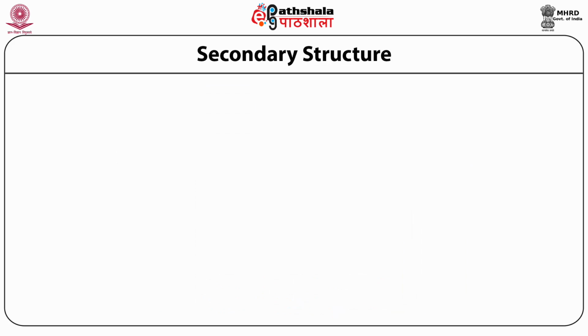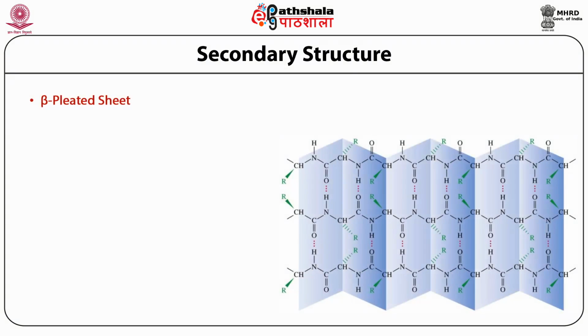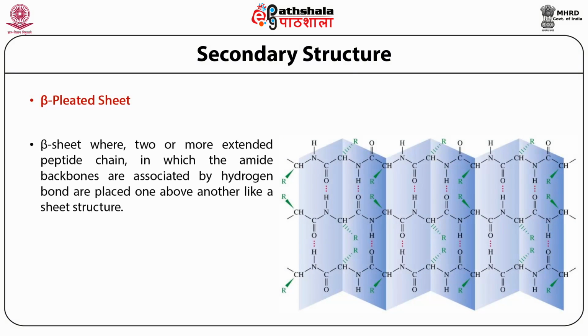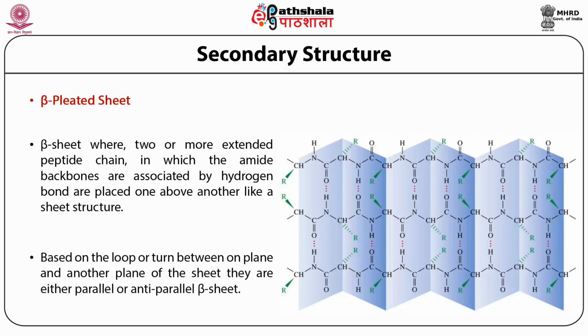Another type of secondary structure is beta pleated sheets. In this, the amide backbones of two or more polypeptide chains, associated by hydrogen bonds, are placed one above another like a sheet structure. Based on the loop or turn between one plane and another plane of the sheet, they are either parallel or anti-parallel beta sheets.